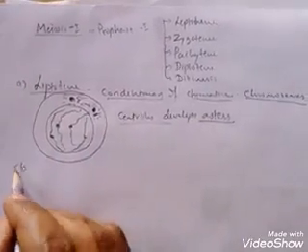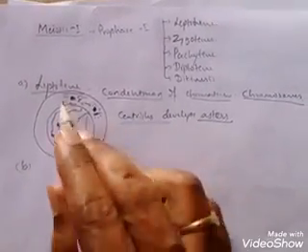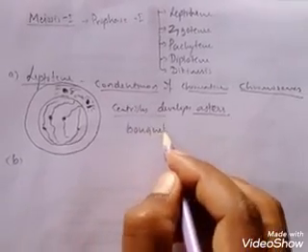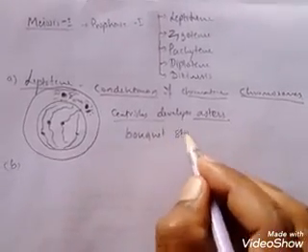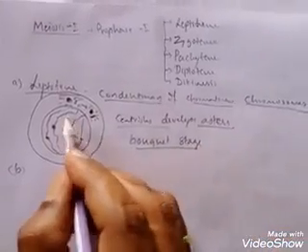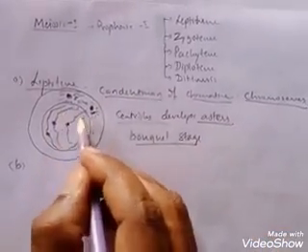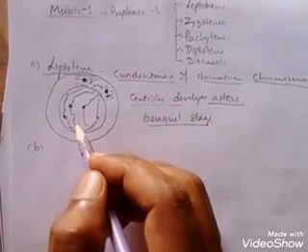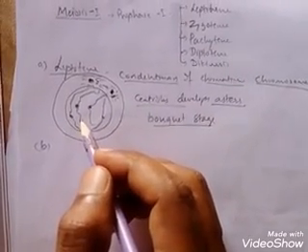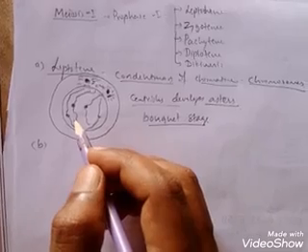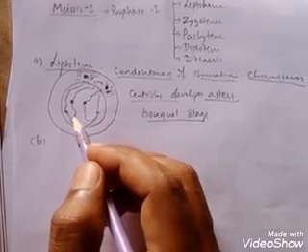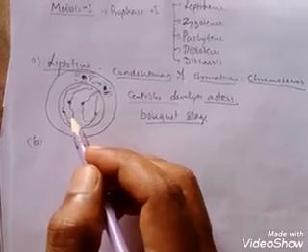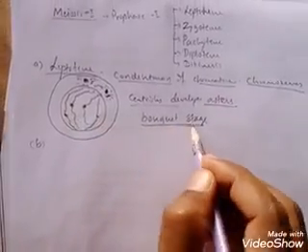And next, this leptotene is also called the Bouquet stage. You can remember Bouquet stage because these chromosomes appear like this. They are attached to the nuclear membrane, and actually in animal cells chromosomes are converged towards the centrosomal ends to form this Bouquet stage, right?